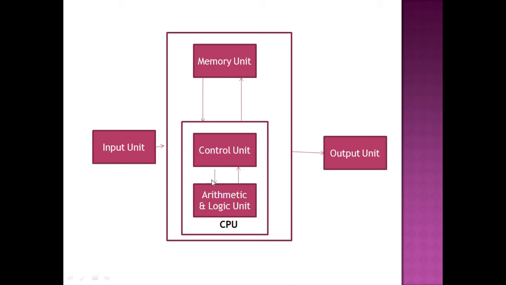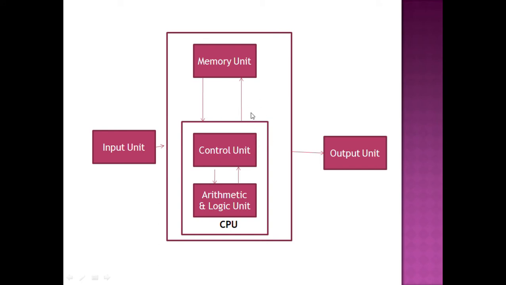In my CPU we have the control unit and the arithmetic and logic unit. They communicate with each other. That means the control unit can send information to the arithmetic unit, and the arithmetic unit can send information back to the control unit.